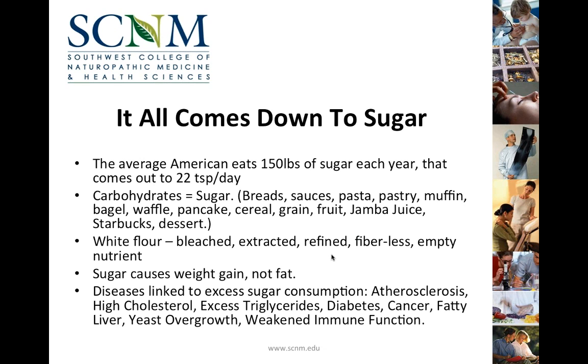So what you'll see in this next bullet point is the list of all the things that are broken down into sugar that you maybe weren't thinking about, right? Maybe you weren't thinking that your grains were turning into sugar, or your breads, or that fruit was turning into sugar, right? So those are all the carbohydrates.